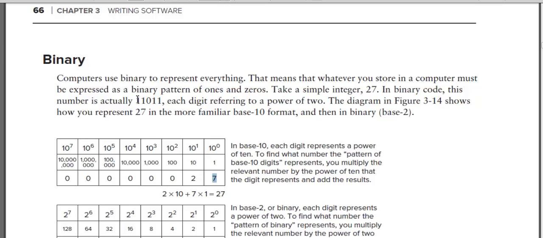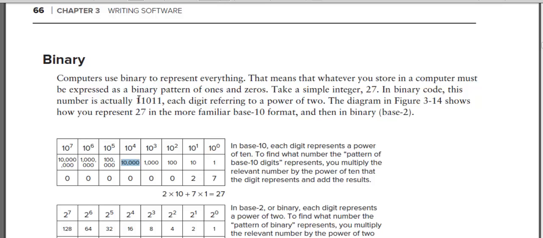So the first digit is the ones digit, the second digit is the tens digit, the third digit would be the hundreds digit, the fourth digit would be the thousands digit, the fifth digit would be the 10,000 digit, and so on, right? So we say that 27 is 2 tens and 7 ones. He says in base 10 each digit represents a power of 10.